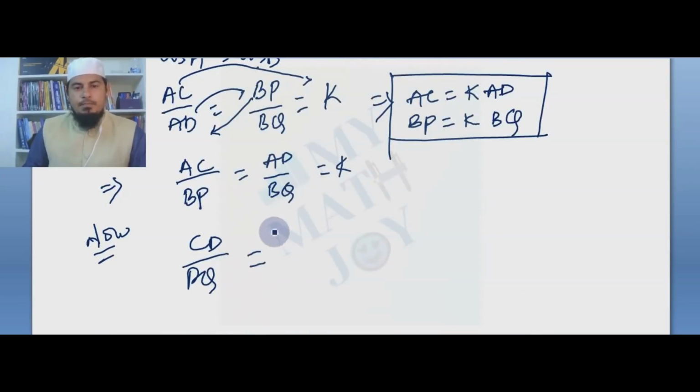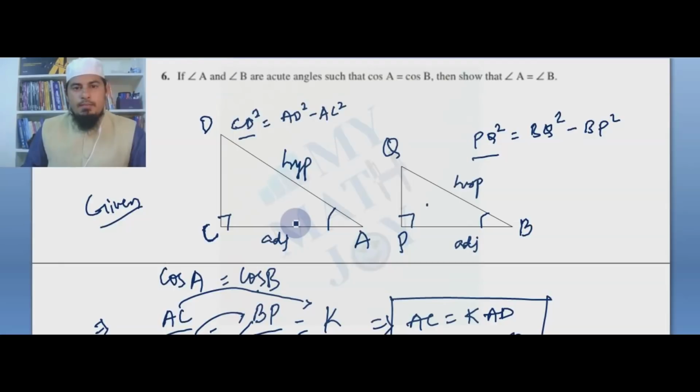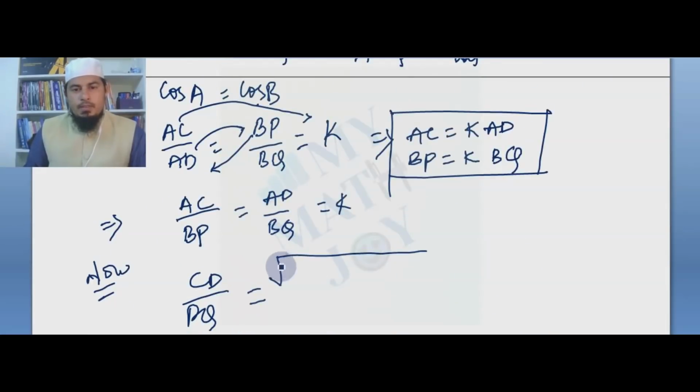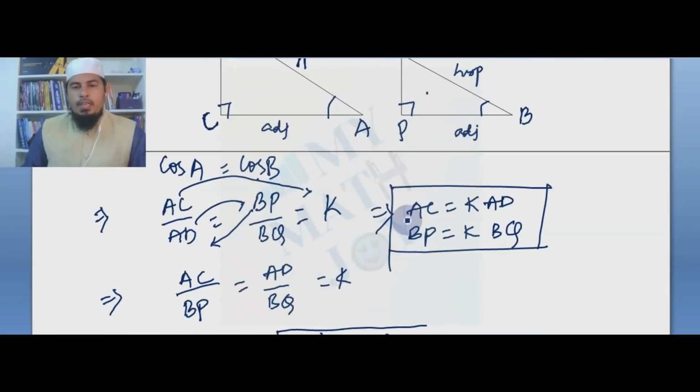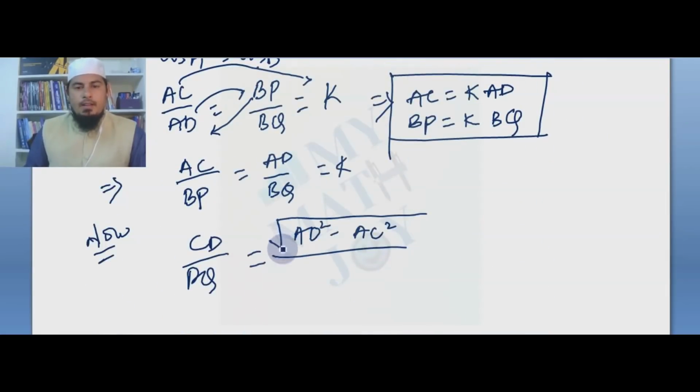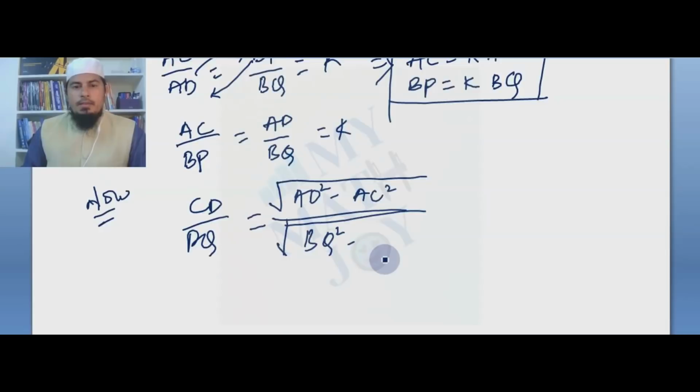CD whole under root, AD square minus AC square, and in the denominator I can write under root BQ square minus BP square.